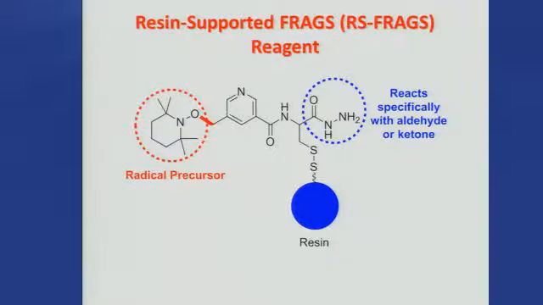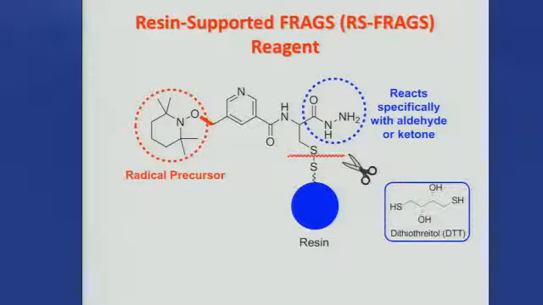And we use a reagent that will specifically condense with an aldehyde or a ketone. So again, it reacts with the reducing terminus of the sugar. And the particular one we picked here was the combination of the proton and the free radical reagents to get the most complete coverage.